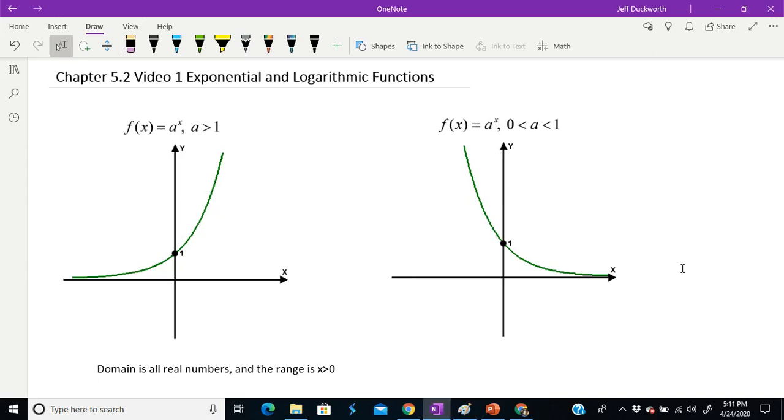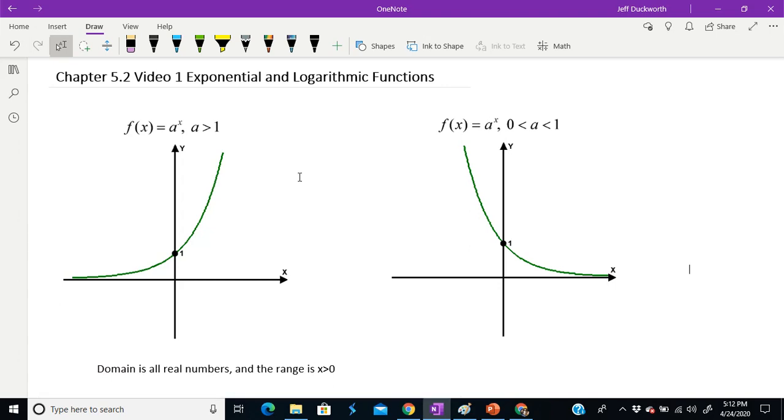So these are two graphs of an exponential function, depending upon what our actual value of a is. A greater than 1 is going to have our exponential function moving up as we go from left to right as our numbers increase.